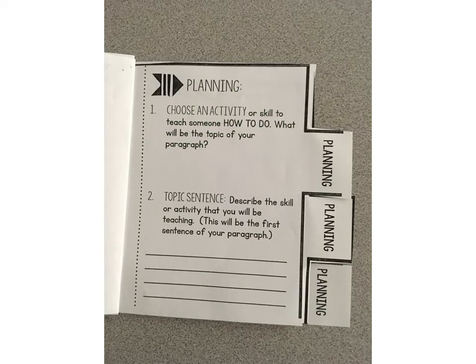So choose an activity or skill, and what I'm going to choose is how to grow tomatoes. And 2, we're going to write the topic sentence. And I'm going to write one and you're going to copy it.